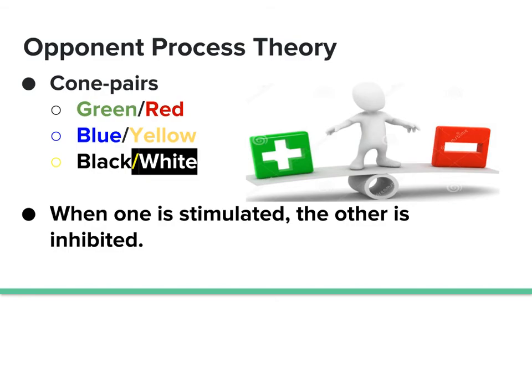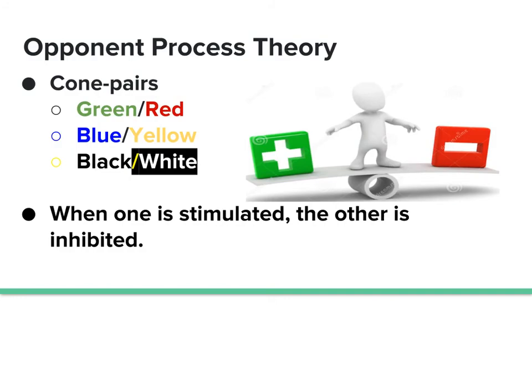I'll explain what after images are in a minute, but with color blindness, by the way, most colorblind people are what gender or what sex? Male. Yes. So usually it's due to a deficiency in the cones, or they basically don't have the cones that correspond to the particular color that they're deficient with.